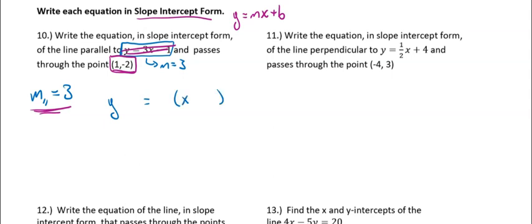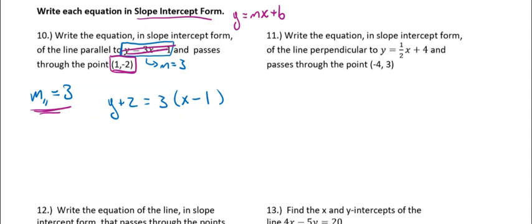And in point-slope form, remember I do the opposite of the x value over here, so I'm going to put a -1. I do the opposite of the y value over here, so that's a +2. And then the slope goes out front here. That's a 3. And so the equation of the line that I'm looking for is this. It's y plus 2 equals 3 times x minus 1. That is the equation of the line. It's just not in the format that I was asked to find.